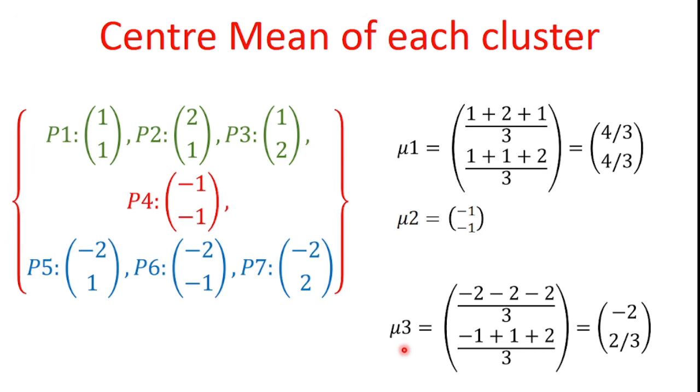For the third mean mu3, we need to do minus 2 minus 2 minus 2 whole divided by 3. You will get minus 6 divided by 3, which is minus 2. And for the y coordinate, 1 plus minus 1 plus 2, you will get 2 by 3.